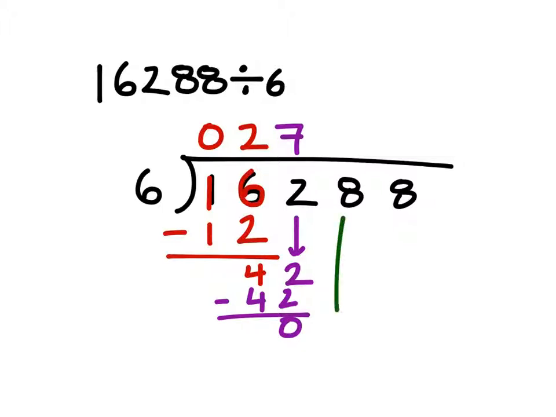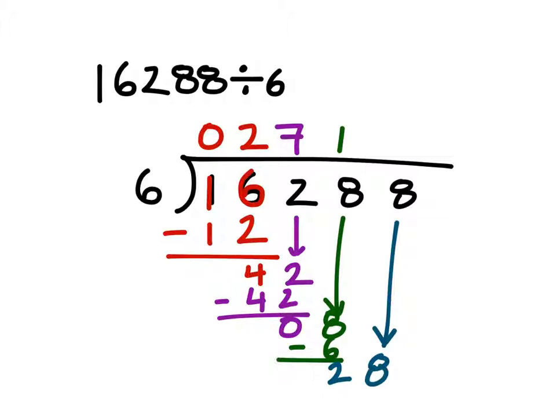So the next step is to drop the 8, and then we see how many times 6 goes into 8, which is once. So 1 times 6 is 6, and when I subtract that, I get 2, but 6 won't go into 2 because it's too small. But it will go into 28, and it will go into 28 4 times.